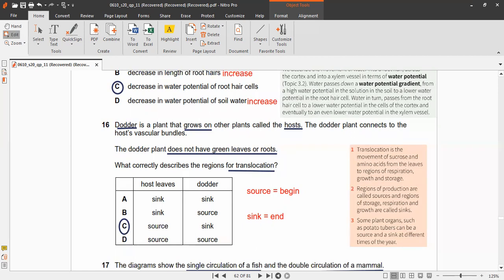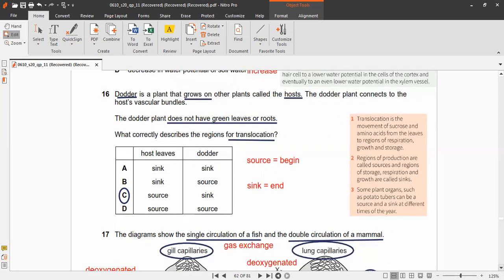And dodder is the sink, the end of the journey. Translocation is the movement of sucrose and amino acids from the leaves to regions of respiration, growth and storage. Regions of production like host leaves are called sources. Regions of storage or respiration and growth are called sinks.